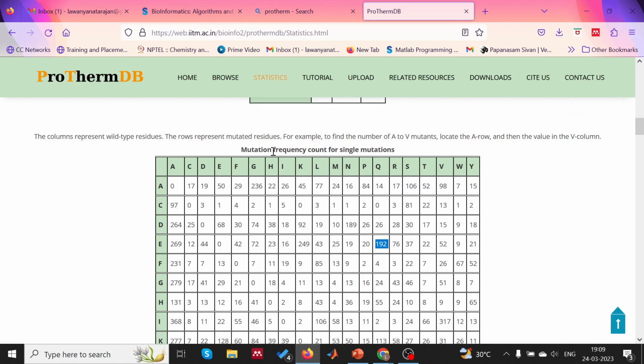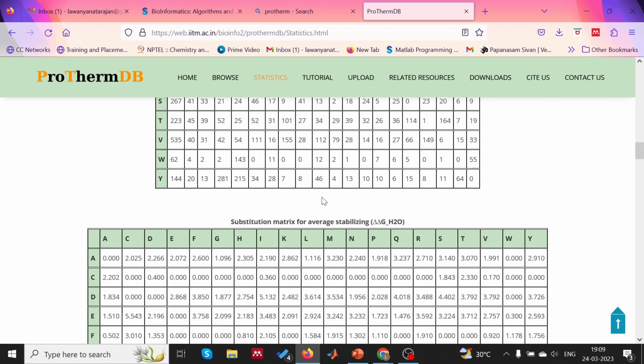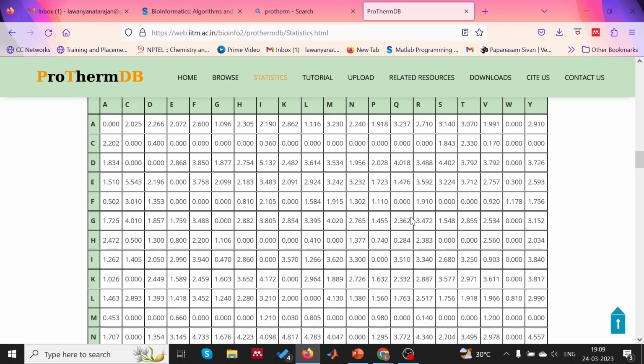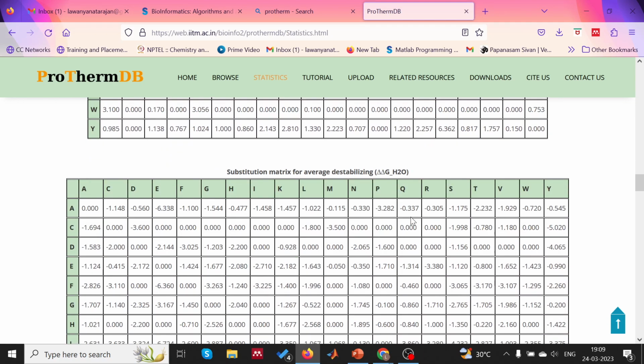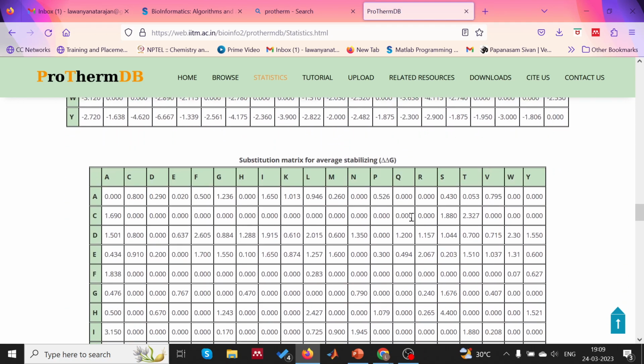We had used the frequency table. Next, you have average stabilizing delta delta G H2, but I want delta delta G alone and not H2. So stabilizing delta delta G.